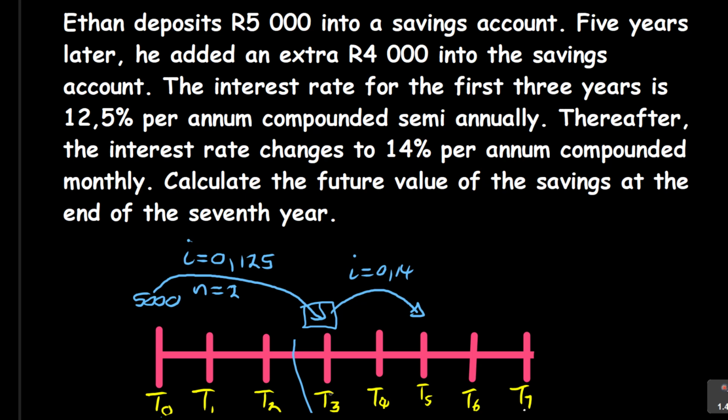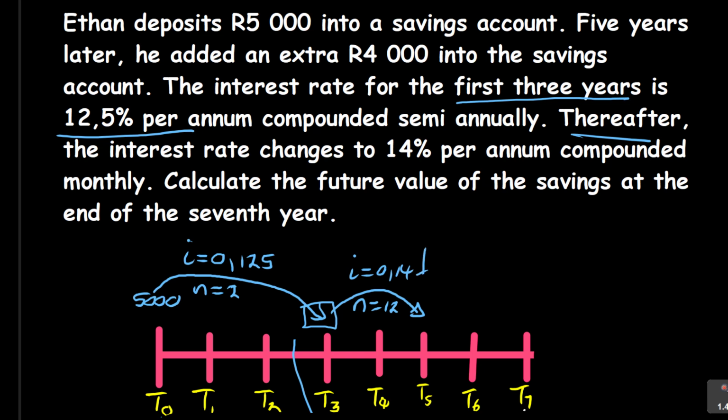Don't forget, they told us the interest rate thereafter changes to 14% per annum, compounded monthly. Are you with me? After 3 years, our N is now 12. Are you seeing that? Then, why am I going to T5?